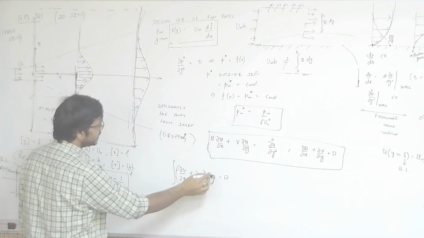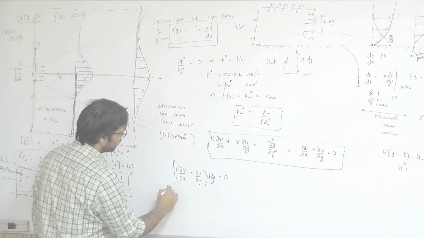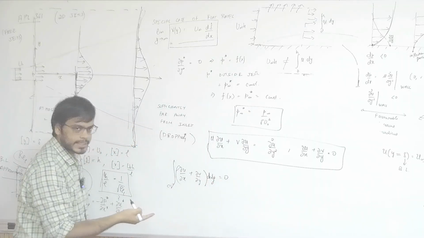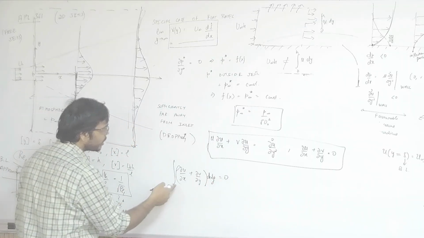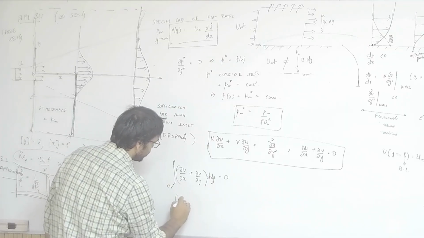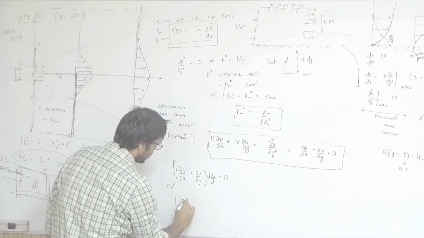So let us do this integration over the control volume. We know del u by del x plus del v by del y is 0, so I can always integrate it and still get 0. So what do we get here? This is del u by del x dx dy.